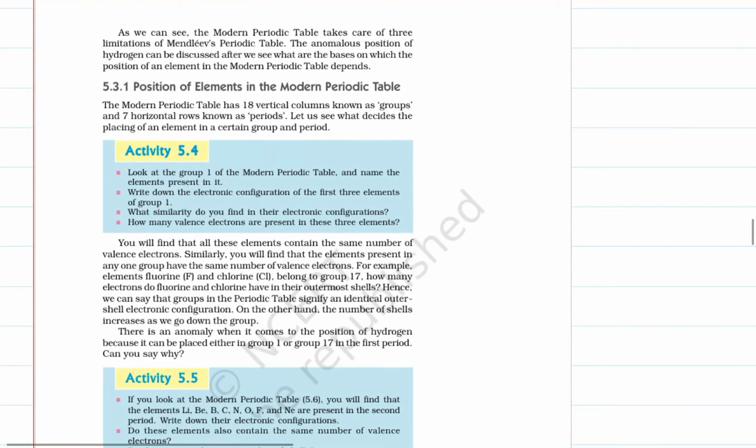As we have seen, the modern periodic table takes care of the limitations of Mendeleev's periodic table. The anomalous position of hydrogen can be discussed after we see on what bases the position of an element in the periodic table depends.